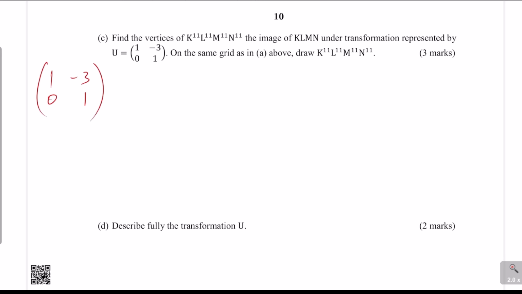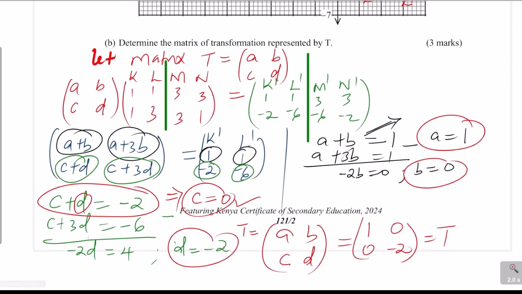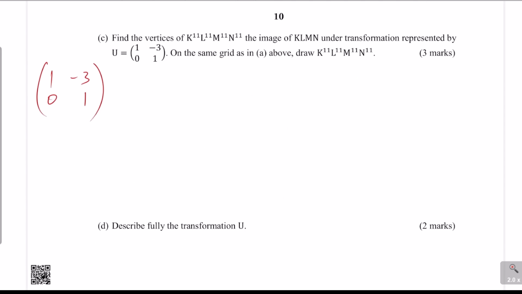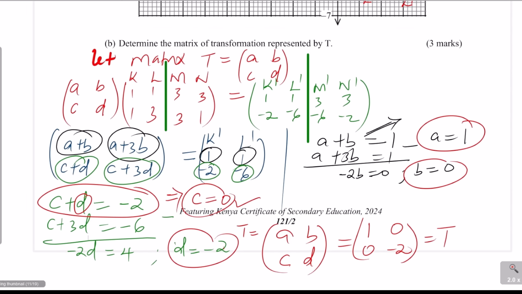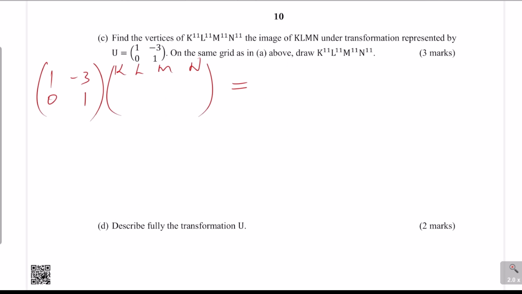This matrix is transforming K, L, M, N, whose coordinates are given there. So we can read them, and it is transforming them to give K double prime. So we need to get the coordinates of that.